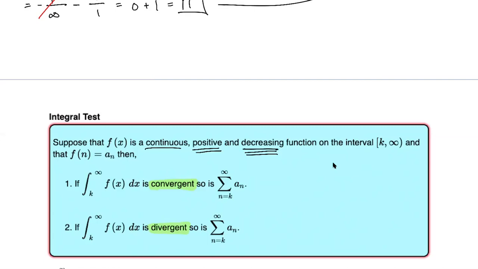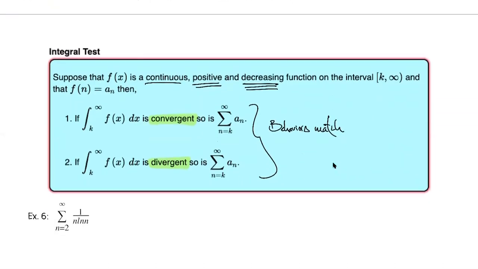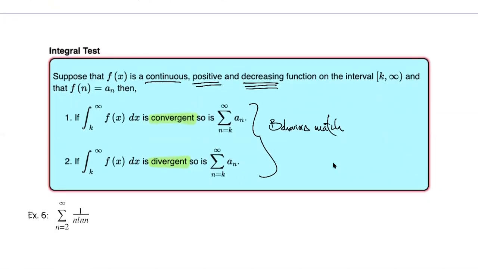Okay. So the behaviors match. They kind of go together. If one converges, so does the other. If one diverges, so does the other. Okay. But beyond that, there are some limitations. Okay.